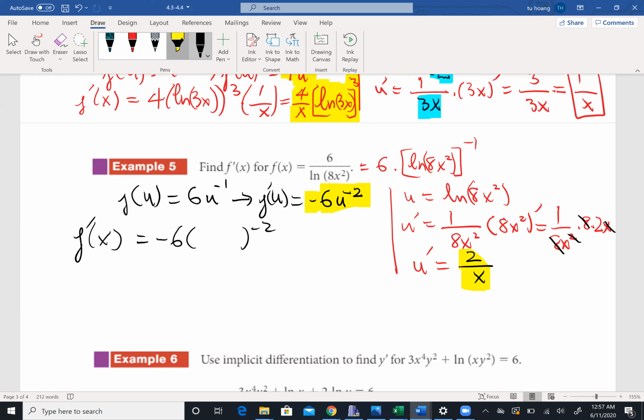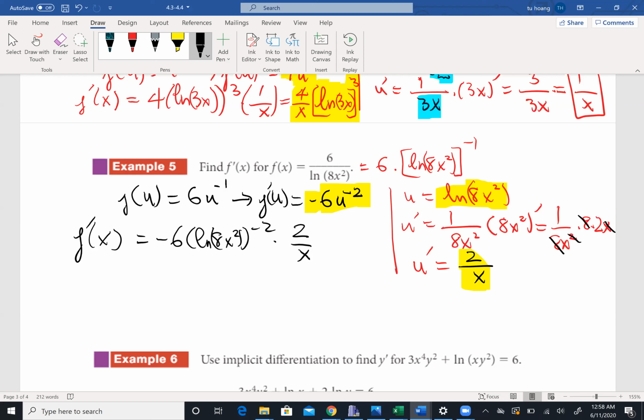U is this guy, so I will have ln of 8x squared. Okay, and then I multiply with u prime, or the inside derivative, which is 2 over x.